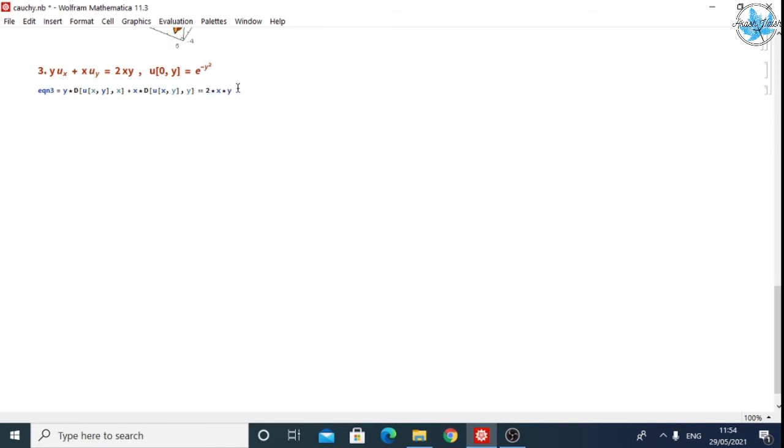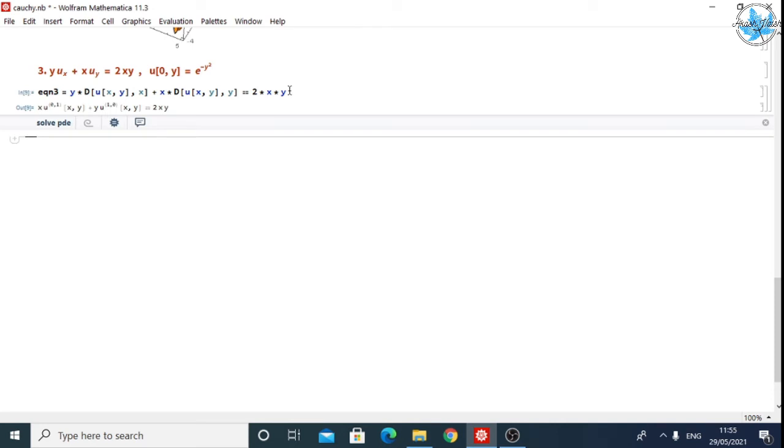Then press the shift plus enter key, and this will be your answer. Then we will solve this equation by simply writing the solve3 command.